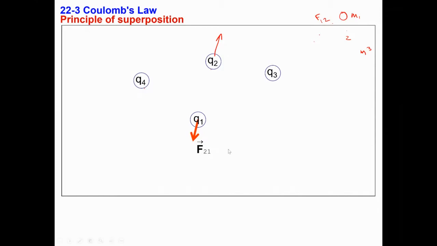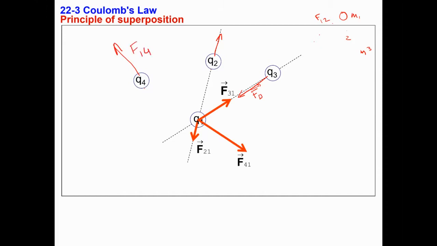So this is the line that joins. Let's assume there is a force of attraction between 3 and 1, so there is another force of attraction here, F13. And for Q4, this is also a force of repulsion, so this is F due to 1 on 4. Okay, so now we have determined all the forces that are acting on charge Q1, and we can add them.